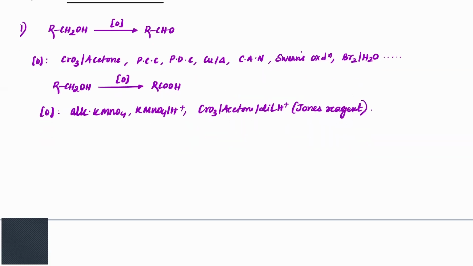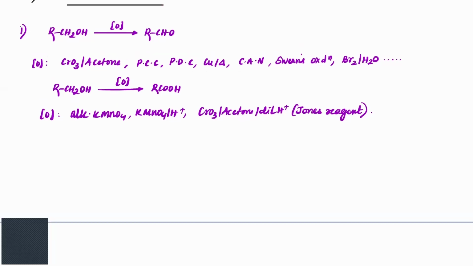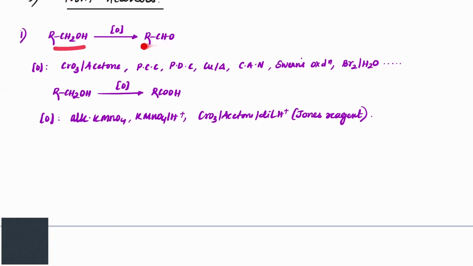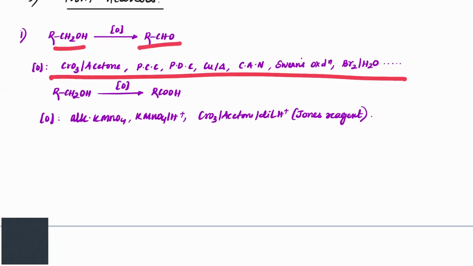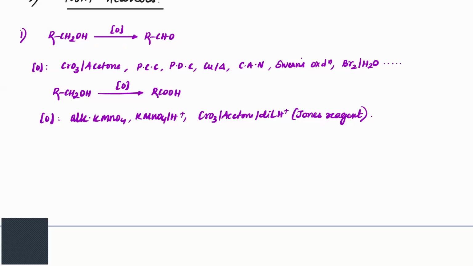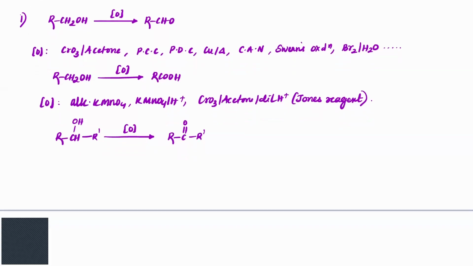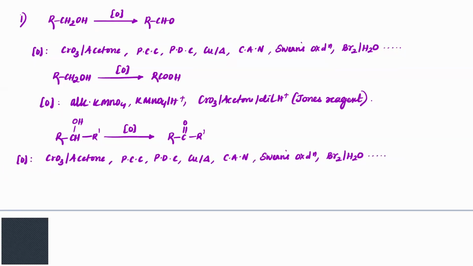So 1 degree alcohol to aldehyde uses these reagents, and 2 degree to ketones. If you have R CH OH R dash and need to oxidize this to the keto form, RC double bond O R dash, all of these oxidizing agents will help.